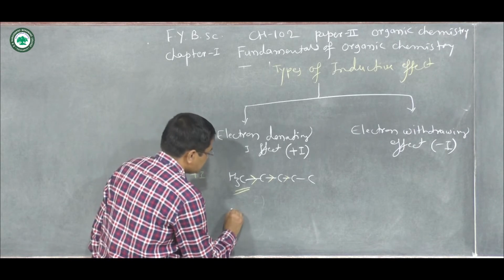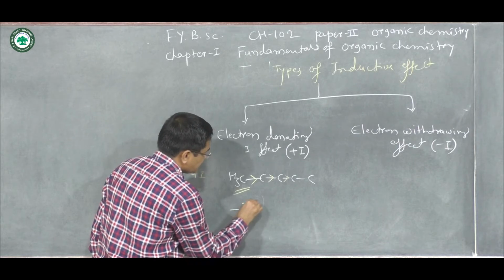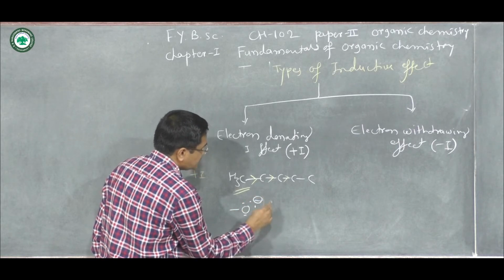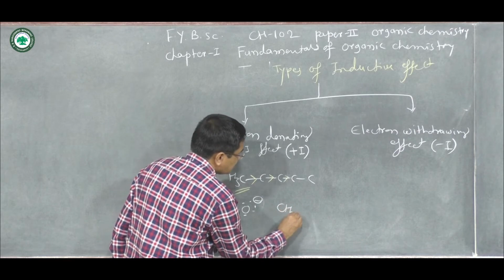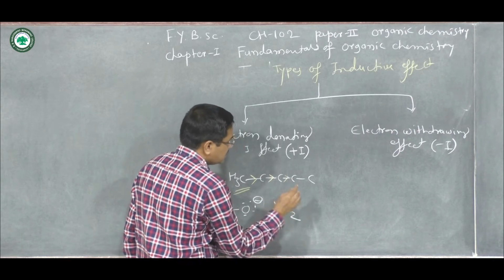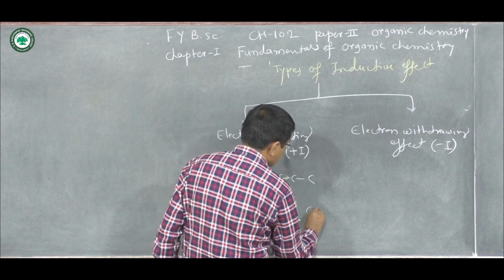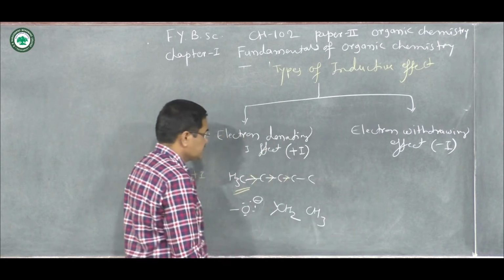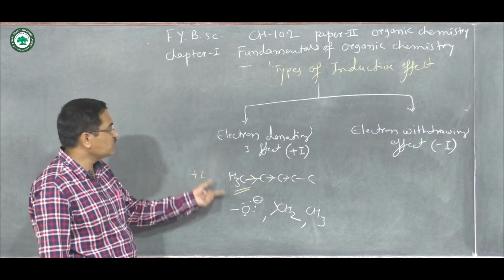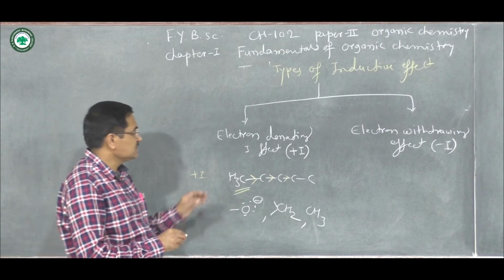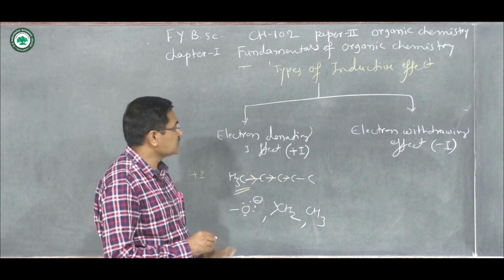Now there are some groups like oxide, then methylene group as well as methyl group. These are the some examples of electron donating groups. Electron donating means it donates the electron to the carbon chain.